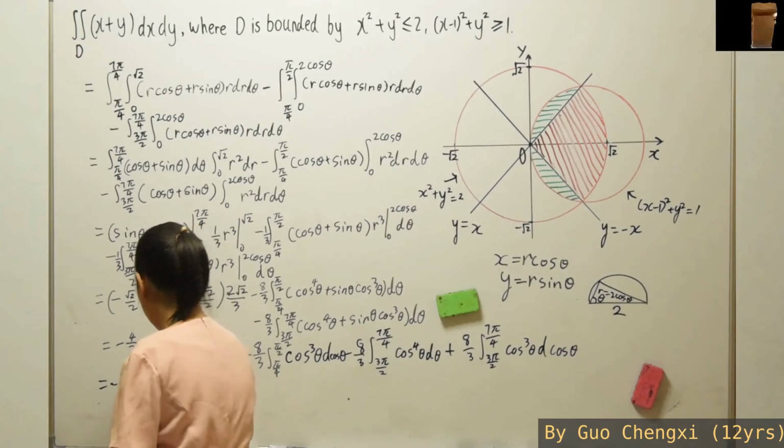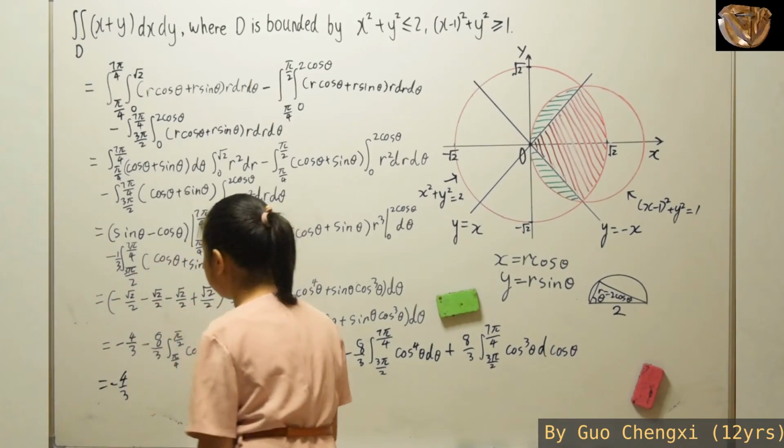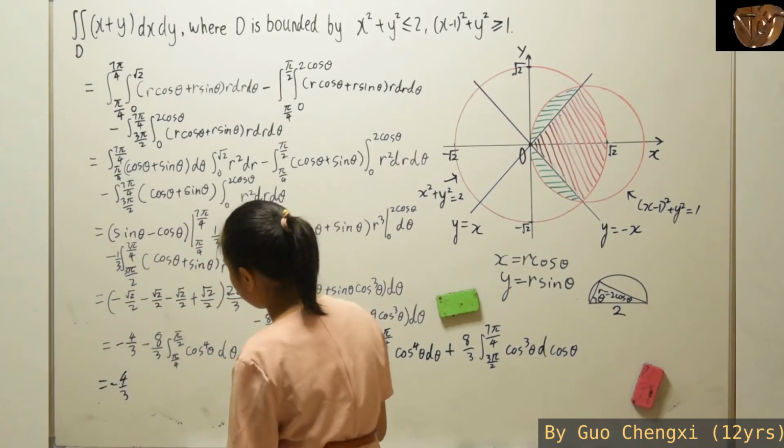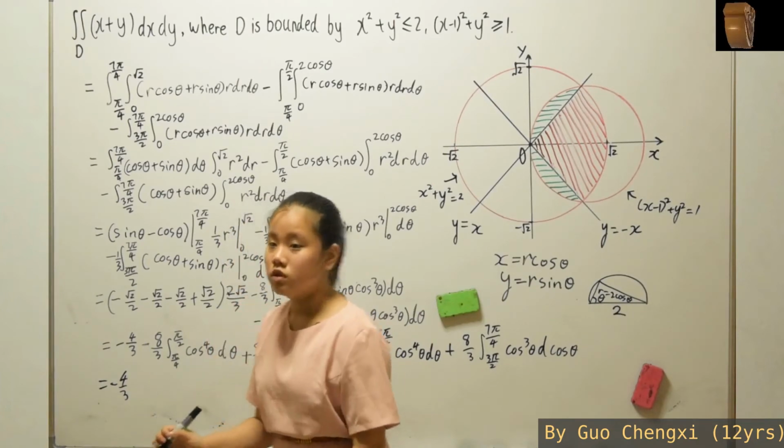So for this, the 4/3 will stay there. Well, for this part, you may be wondering what I'm going to do with the cosine to the power of 4.